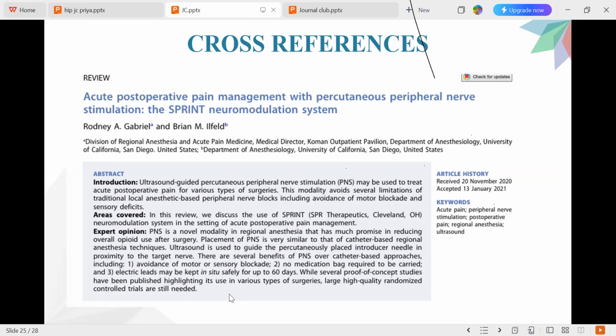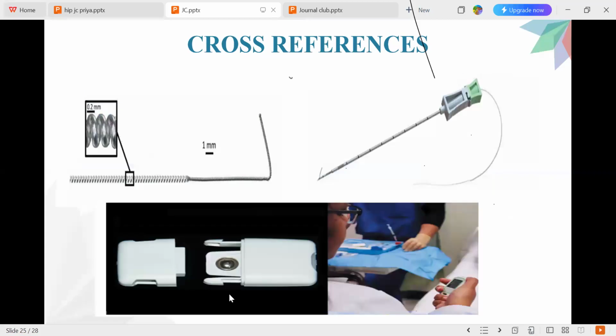This is one more neuromodulation system called the Sprint neuromodulation system, which was designed by SPR Therapeutics, again based in USA, used for acute postoperative pain management. So, this is the design of the SPR Sprint system.